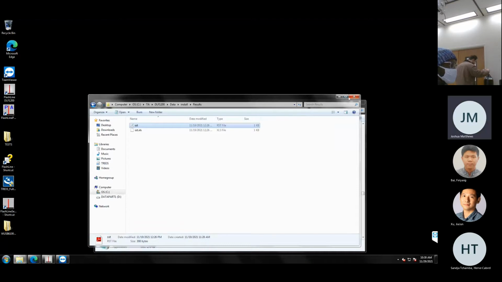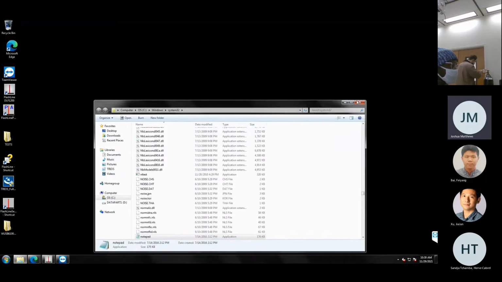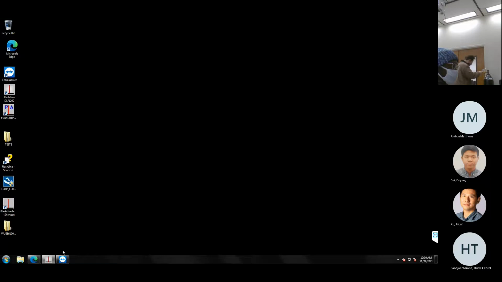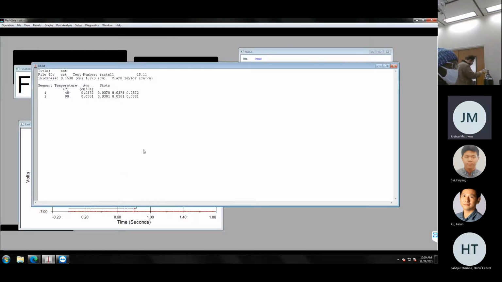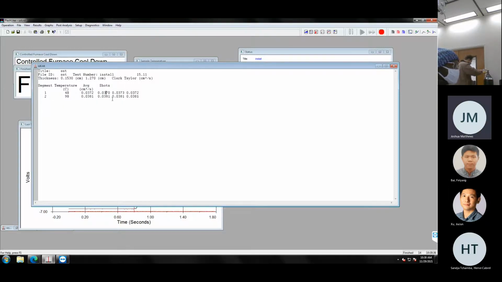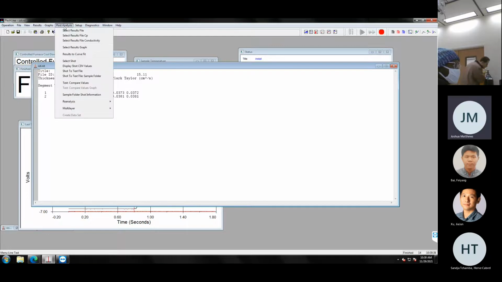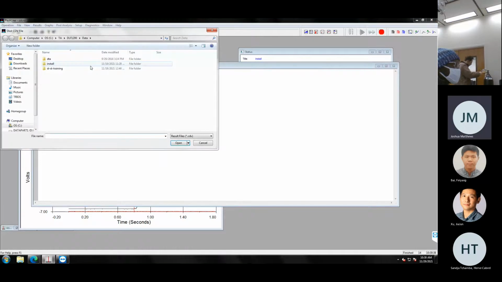There's some more good information in here. If this is not enough information for you, there are a couple other things you can take a look at. If we go to display shot CDV values, there's a lot of good information in here.